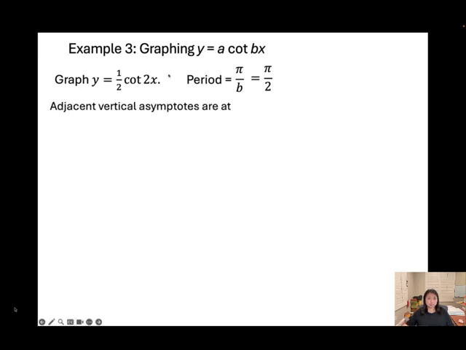So you're going to set bx equal to 0 and bx equal to pi, because for the original y equals cotangent x, the two adjacent vertical asymptotes are x equals 0 and x equals pi. Solve for x.